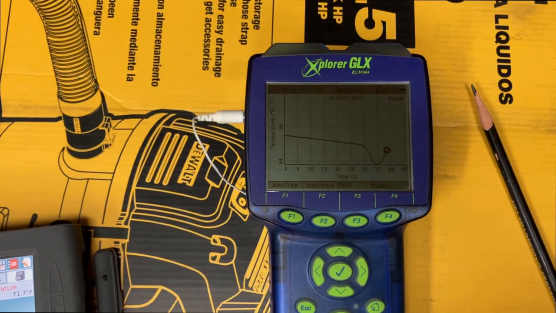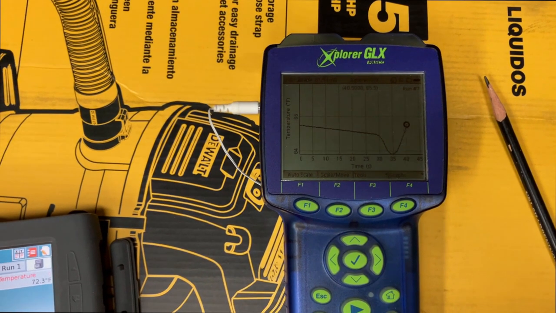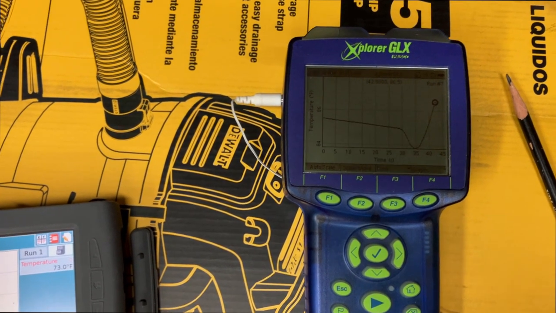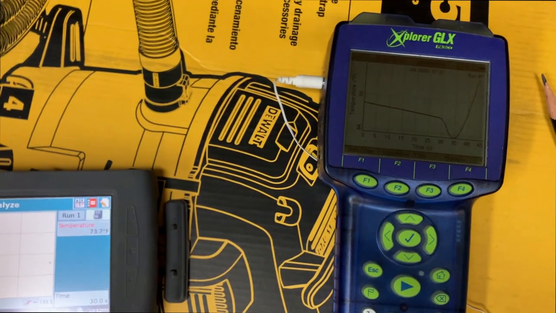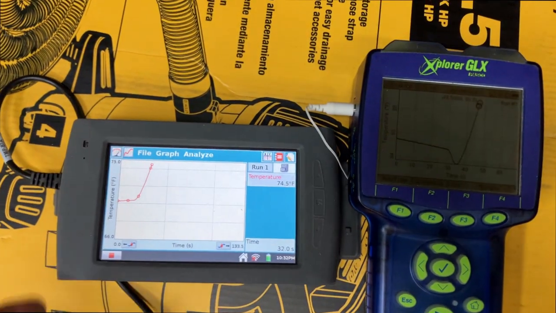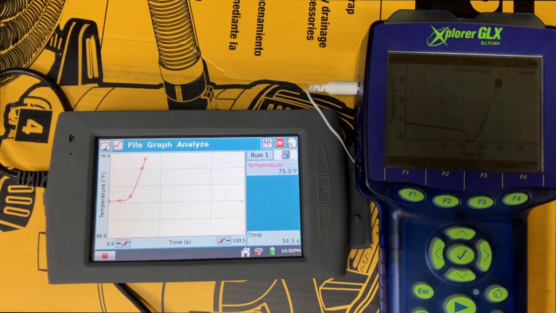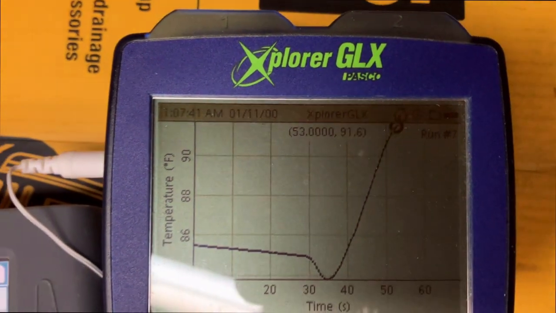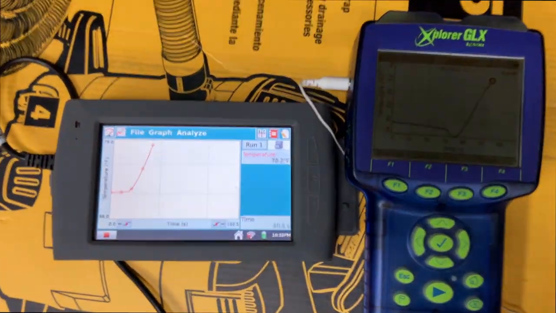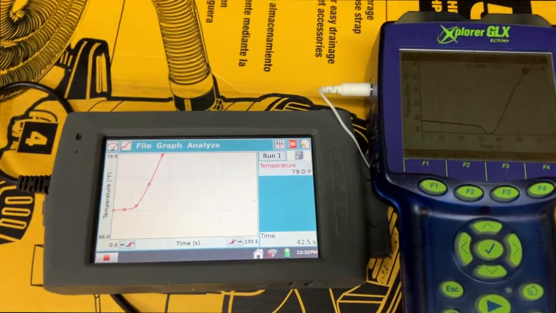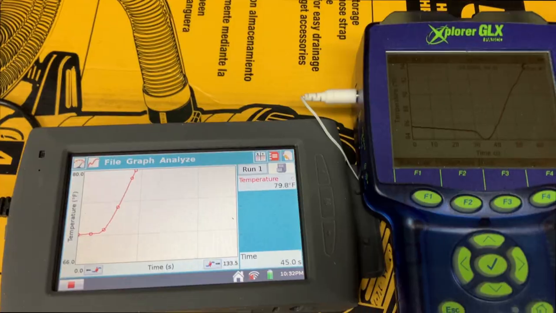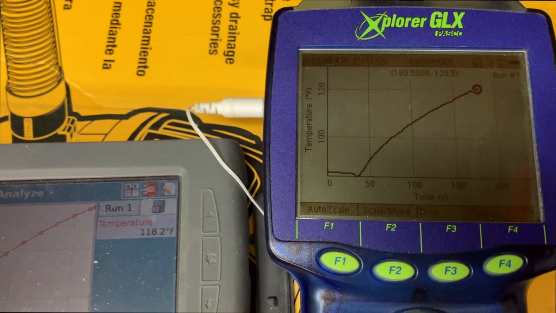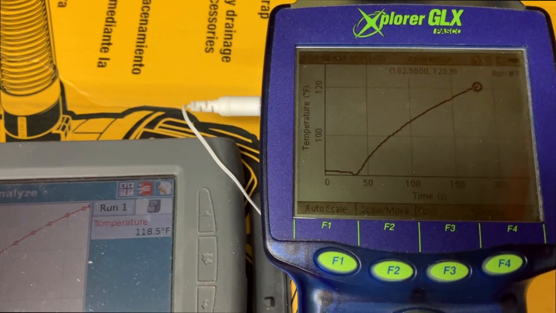Probably because it's moving ambient air next to there. So now that's climbing. Let's move this closer. Maybe we can see both of them at the same time. We got 75 degrees box temperature. We got 91 the fan. She's climbing quick. We're inside the fan. Box is at 118.